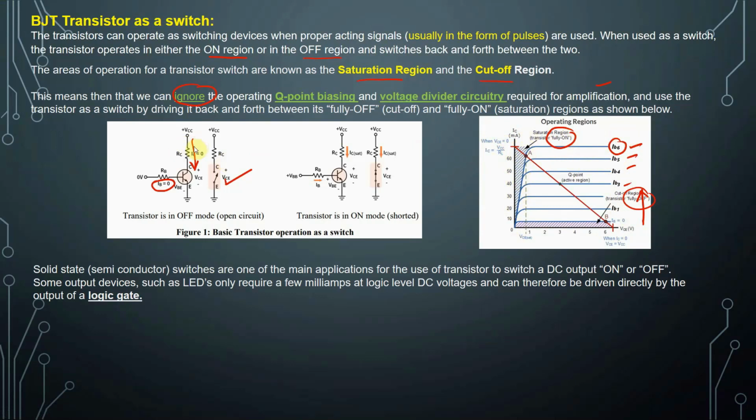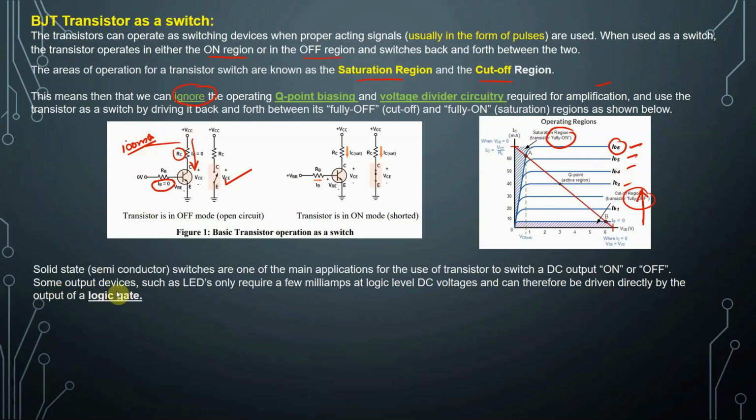So what is the importance of achieving the maximum current? Suppose the load RC requires a current of, let's say, 100 milliamperes. At 100 milliamperes, this is the maximum current that should flow. In this condition, the transistor should be in saturation mode so that it can provide the required 100 milliamperes.